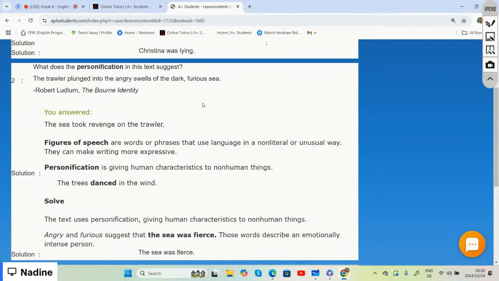And when we choose the sentence of what the personification suggests, then we can say that the sea was fierce. If it says it was angry and furious, the sea, then it basically tells us the sea was fierce.